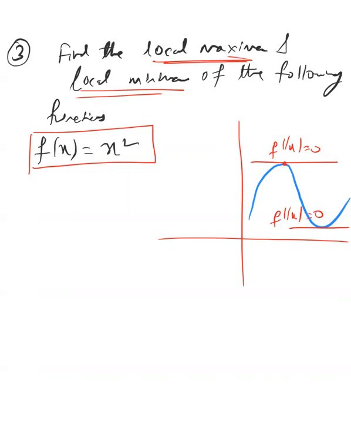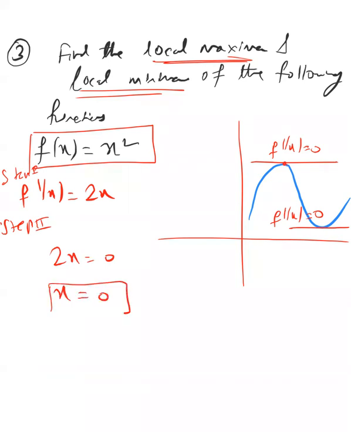So first find f dash x, step 1. Step 2, equate it to 0. Find the value of x. This x may be a local maxima or a local minima or nothing also.